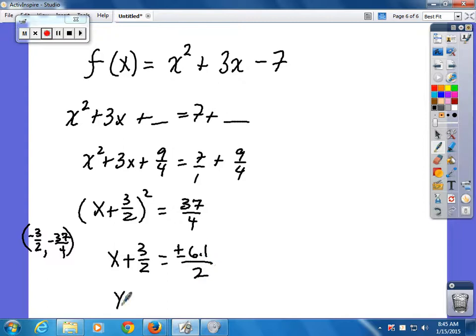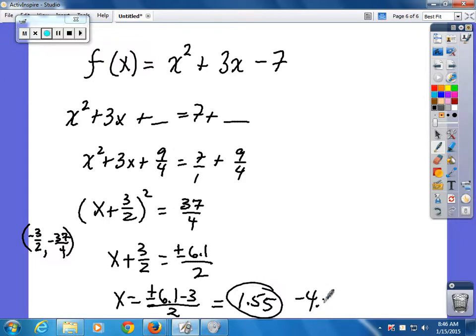And then x is equal to positive or negative 6.1 minus 3 over 2. 6.1 minus 3 is 3.1. 3.1 divided by 2 is about 1.55. I'm not worried about it. It's close enough for government work. And then negative 9.1 divided by 2 is about negative 4.55.